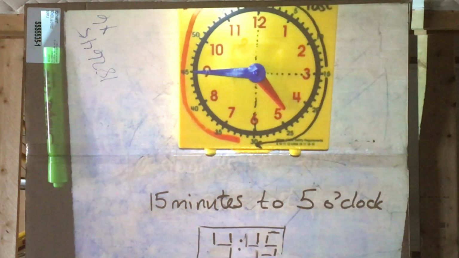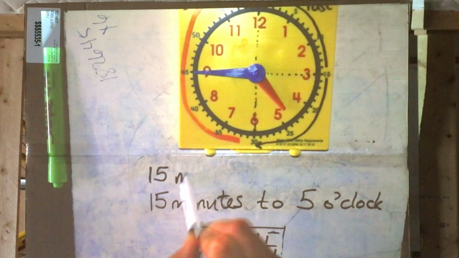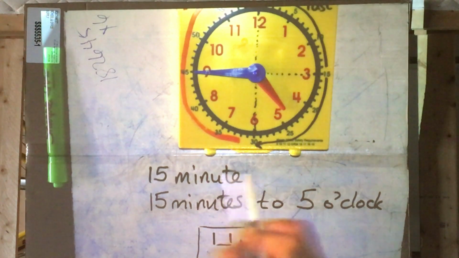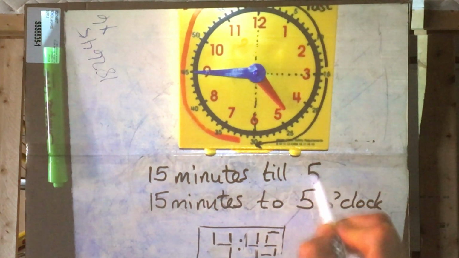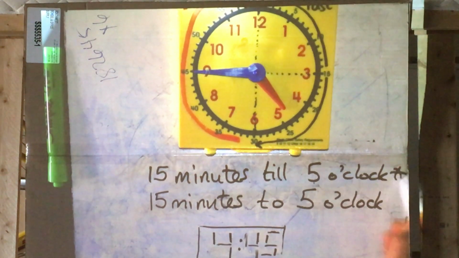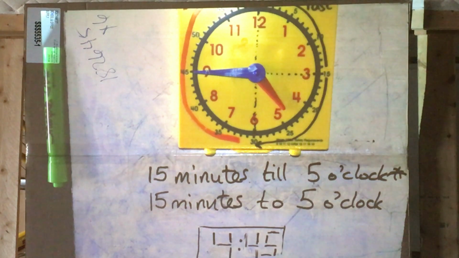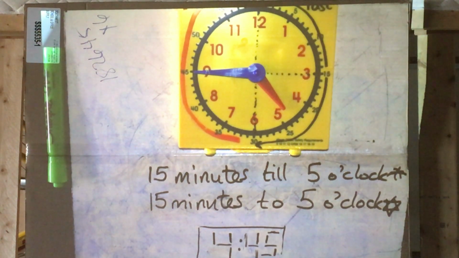You might see it written like this, 15 minutes till 5 o'clock. I think this one is quite common here in America. This one you'll hear in the rest of the world. Okay? So 15 minutes to 5 o'clock.